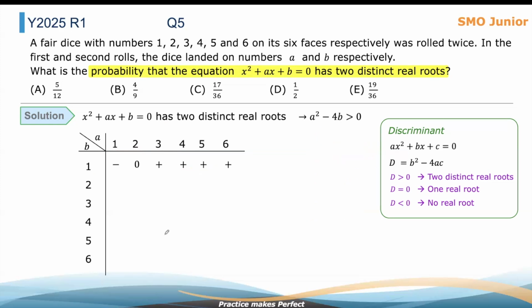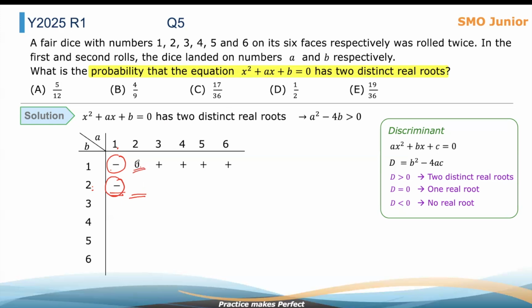For the second row, because a is still 1, b is 2. Compared with this one, we know this should be negative because b is greater than the value of b in this case. So this is negative. This one is 0, so this should be negative.